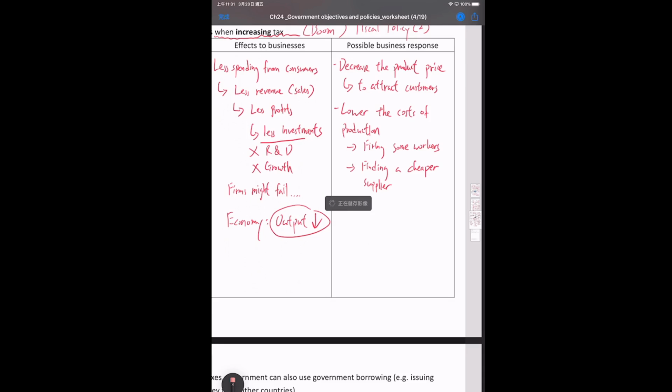And what about finding a cheaper supplier? What would be the major disadvantage? Lower quality, right? It takes time. So you see here, when you're using the points there, explain by using the developments you have in the chat box.